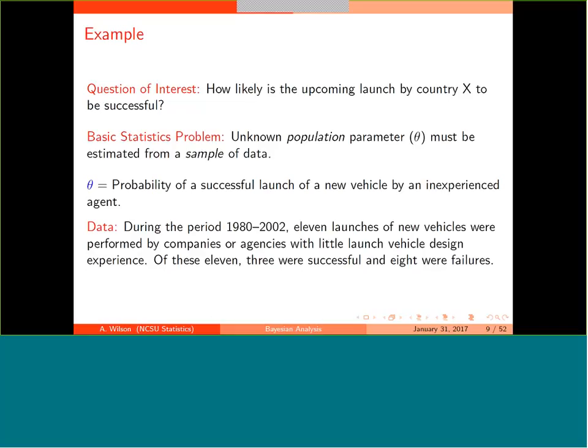So this is the standard statistics problem that we have. There's something that we want to know about a broad population. We're not in a position to actually test everything in the population. We take a sample, and from that we want to make an estimate that tells us what's going on in the population. Another example: if I'm trying to understand the reliability of the U.S. nuclear weapons stockpile, one way to do that is to actually detonate every weapon in the stockpile.